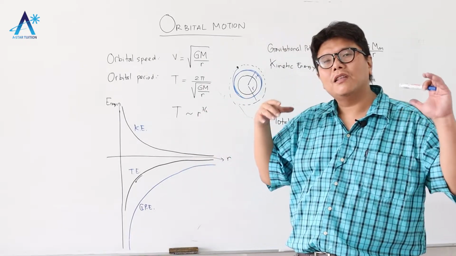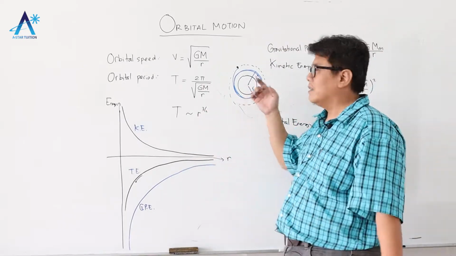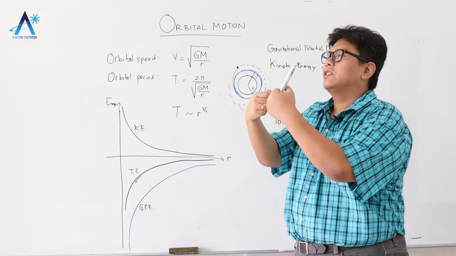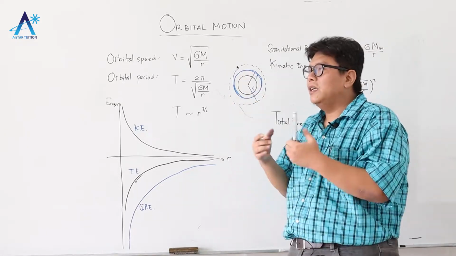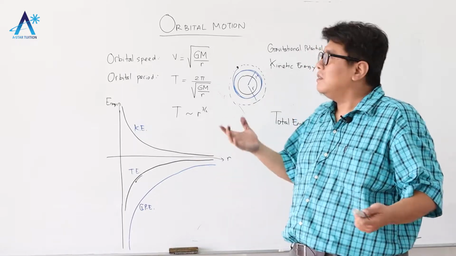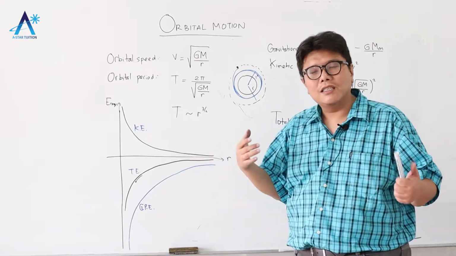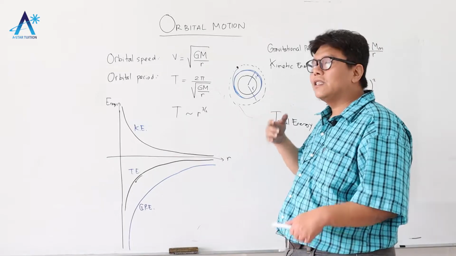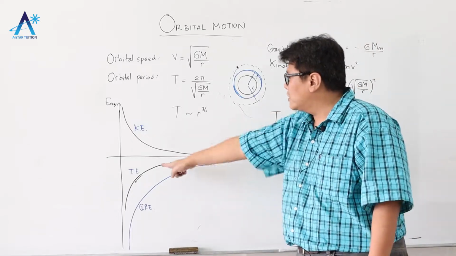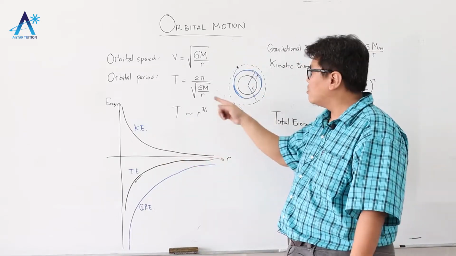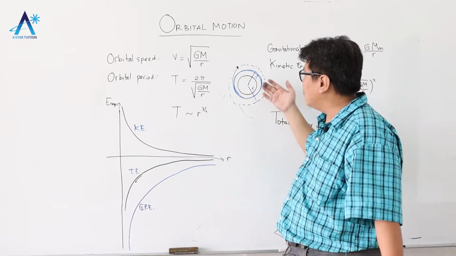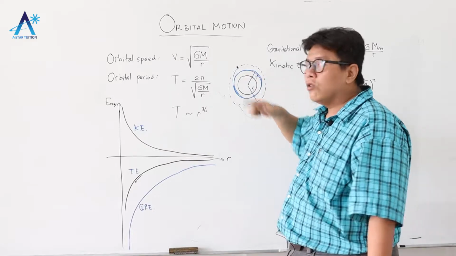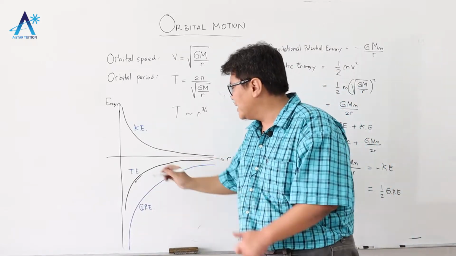It might sound a bit counterintuitive: you hit it with something, and obviously it will slow down. Well, it is slowing down initially, but that also causes the total energy to decrease, and that forces it to move to a closer orbit, so R is less.